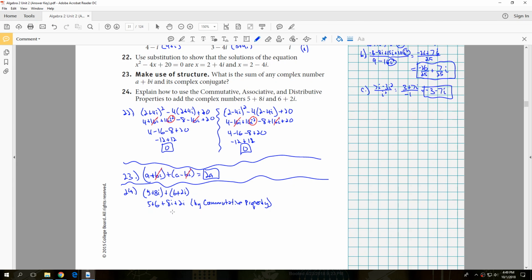And with the associative, that means that we can group these together. We are associating like terms. So I'm reassociating 5 plus 6 plus 8i plus 2i by the associative property.